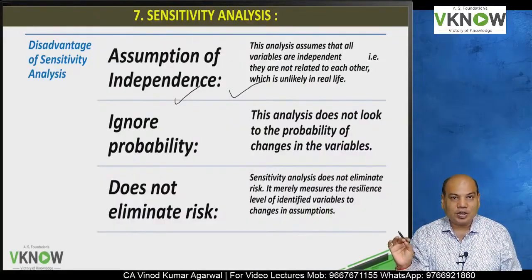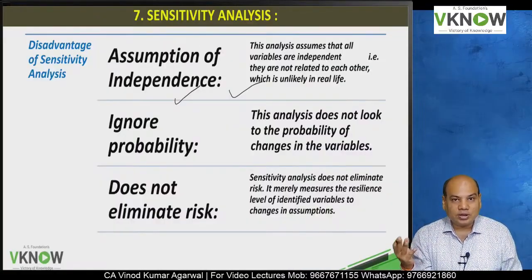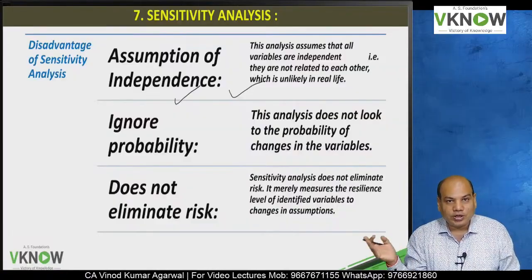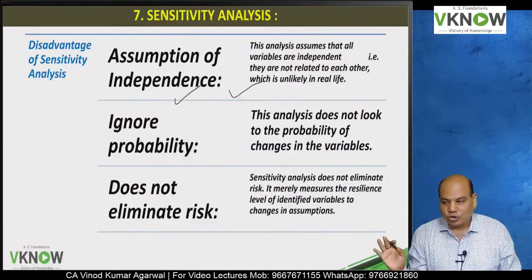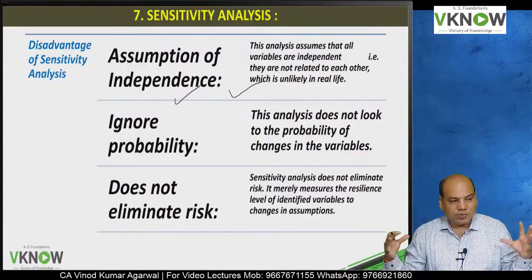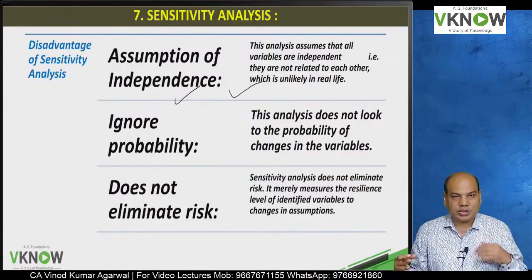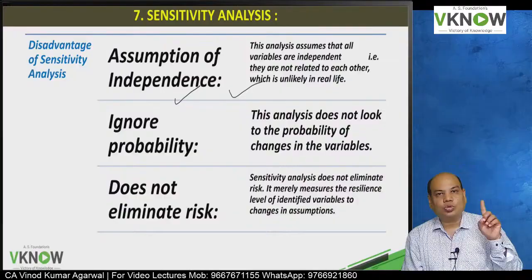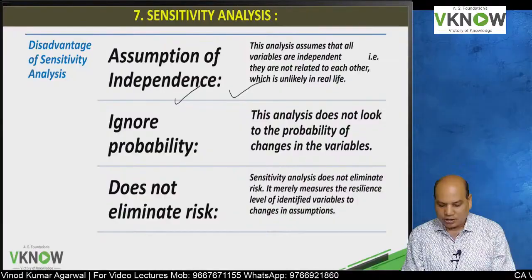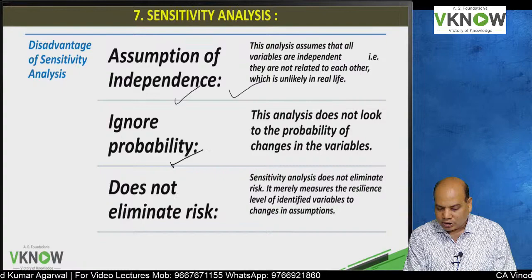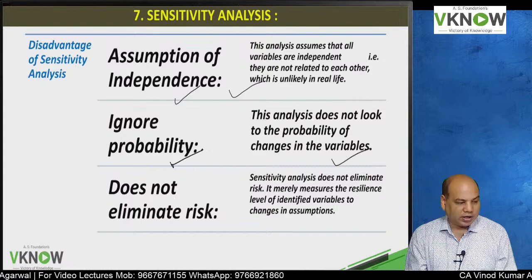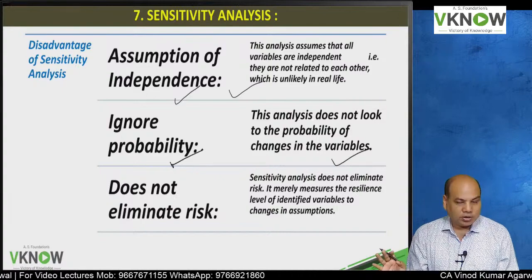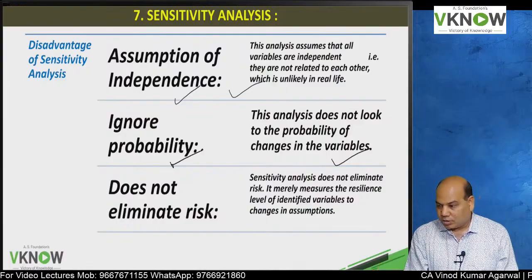Selling price can reduce, at the same time material cost can increase, quantity sold can decrease. So multiple factors can change at a time, but sensitivity analysis says only test one variable at a time. This does not take into account the probability of changes in the variable. So we are not going to discuss probability here.